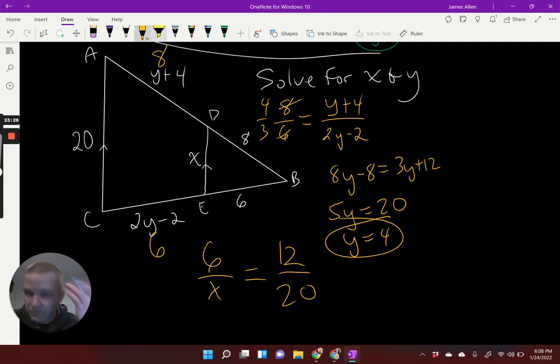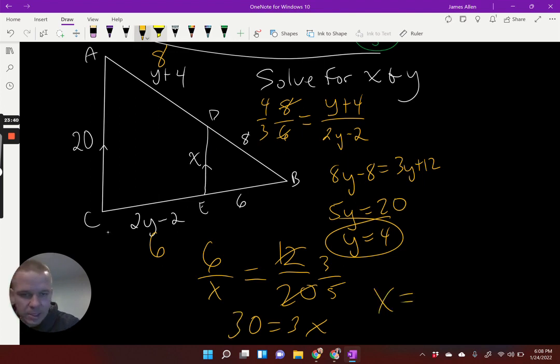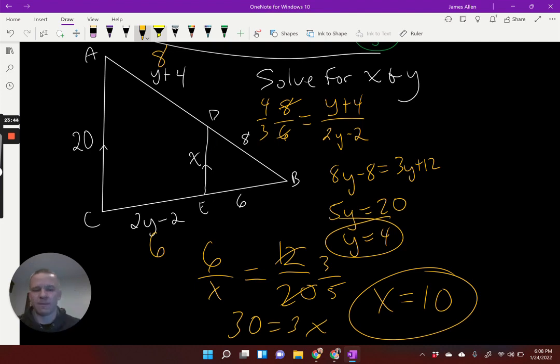So it should be half the length if you recall from the last chapter. So here I could reduce down by 4 and I can get 3 over 5. So I'm going to have 30 equals 3x. So x equals 10 as expected. Awesome. Fantastic. That is wonderful.